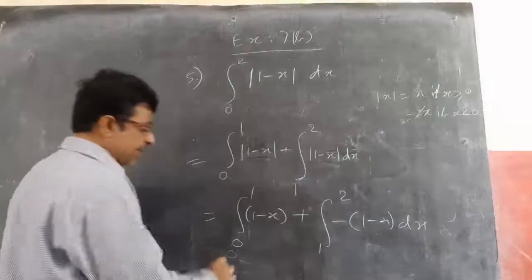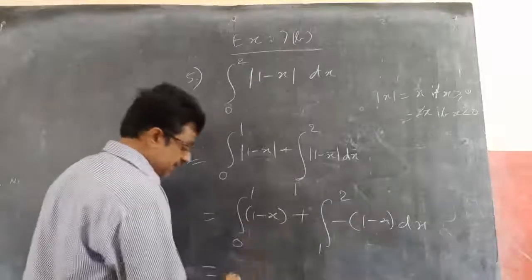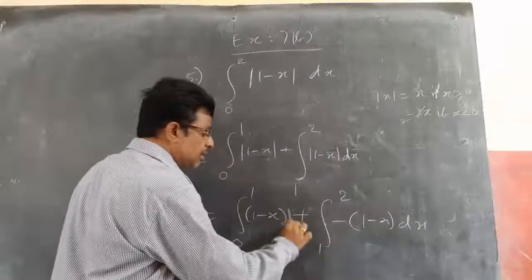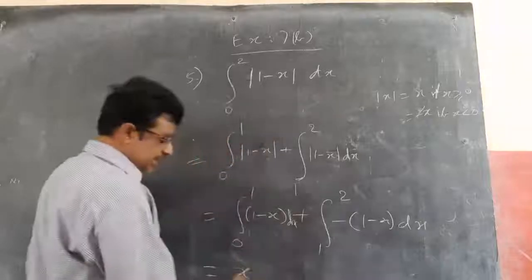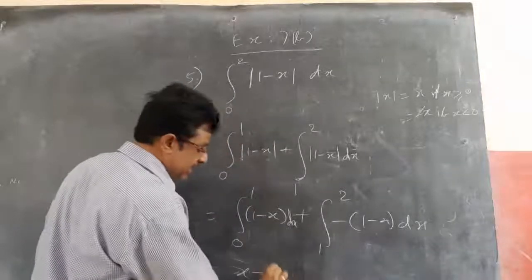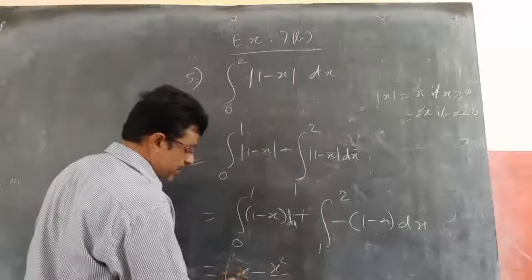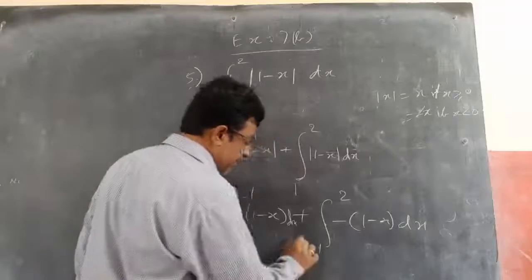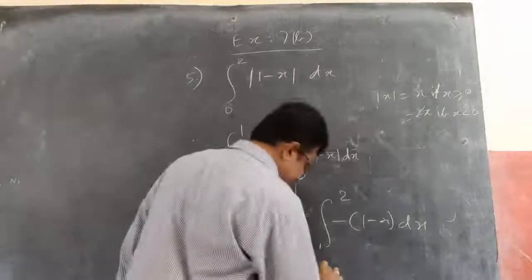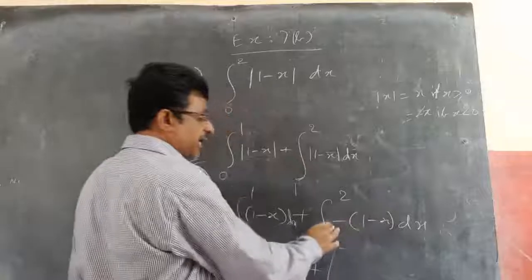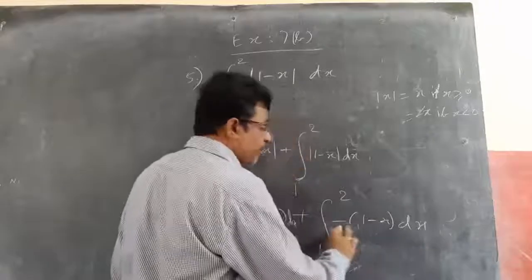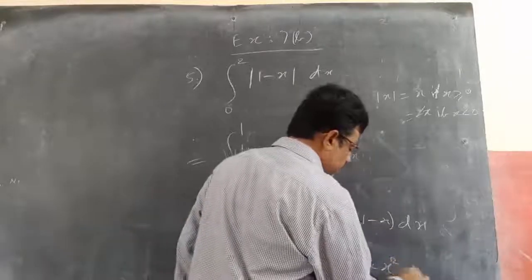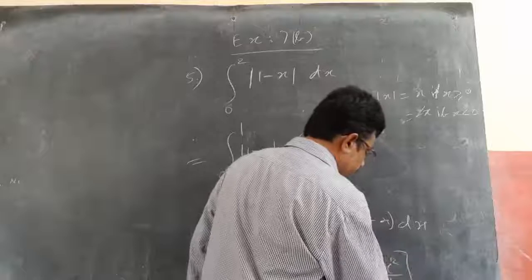Now integrate separately. Integration of 1 minus x: 1 dx is x, minus x dx is x square by 2, between the limits 0 to 1. Plus this function again: minus 1 dx is minus x, minus into minus plus x square by 2, between the limits 1 to 2.